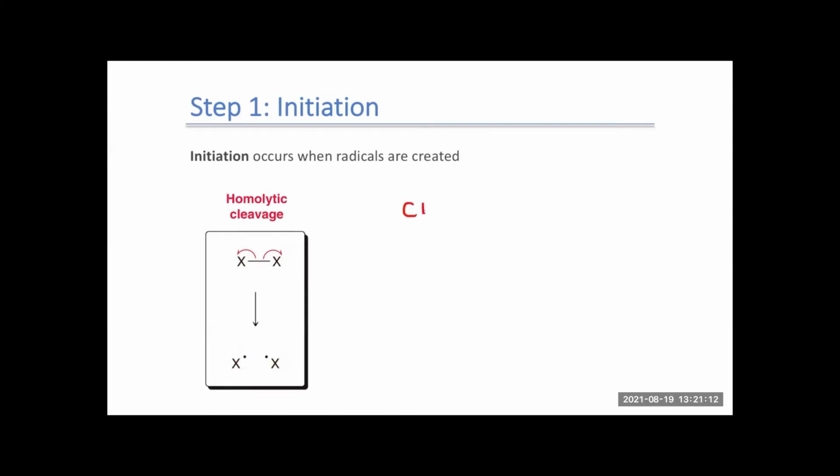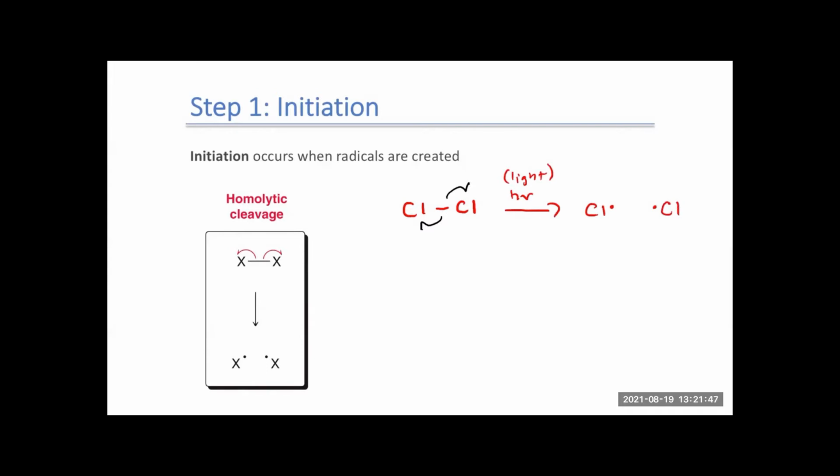So let's say we have chlorine and we react it with light. If I take my chlorine and react it with light, that'll cause a homolytic cleavage. That'll cause one electron to move to one chlorine and another electron to move to the other chlorine, which gives us two chlorine radicals.